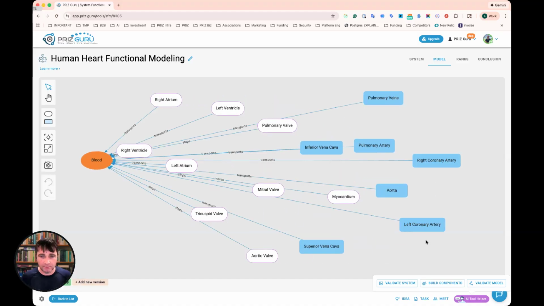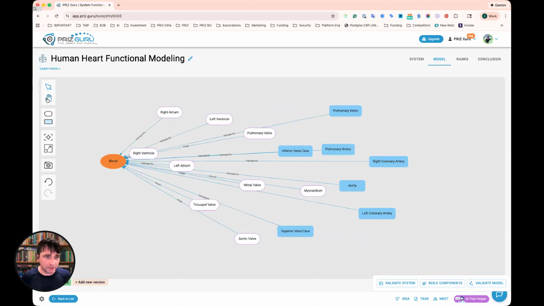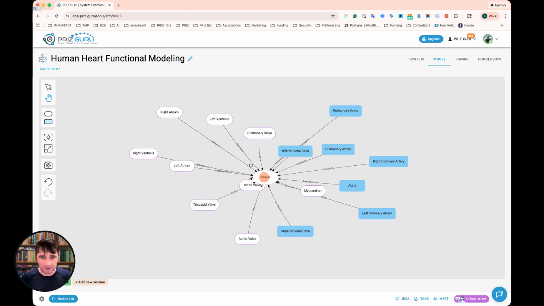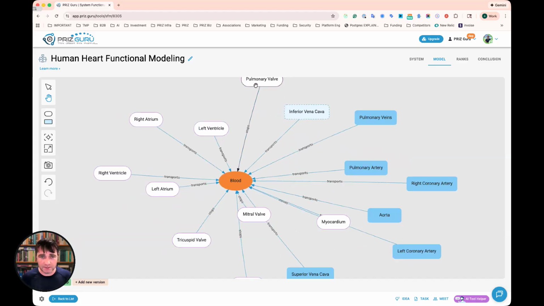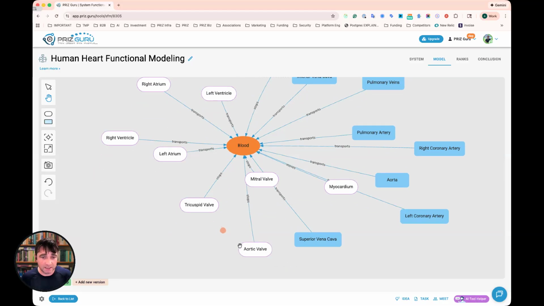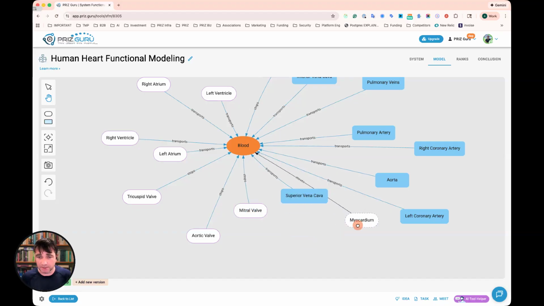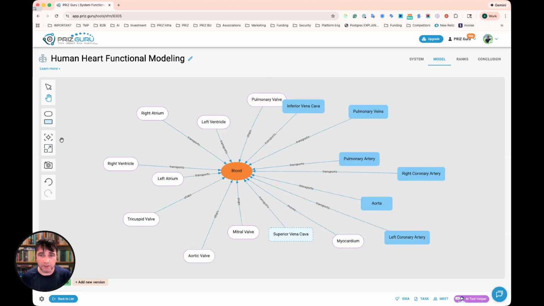Okay, so the product here is blood, which is absolutely correct. There's a bunch of components, a bunch of super systems. Now, is it a perfectly modeled system? No, it's mostly incomplete, but it is some starting point that people can start working on.